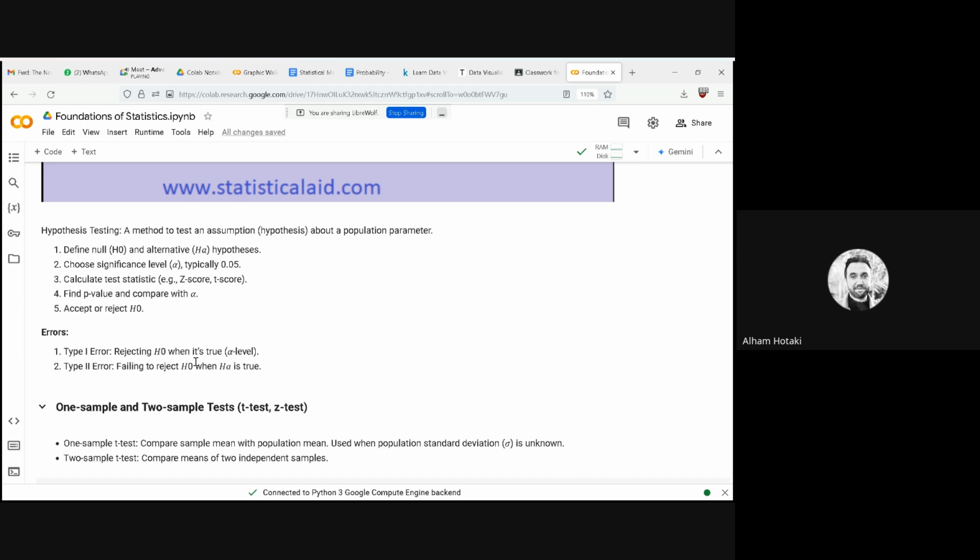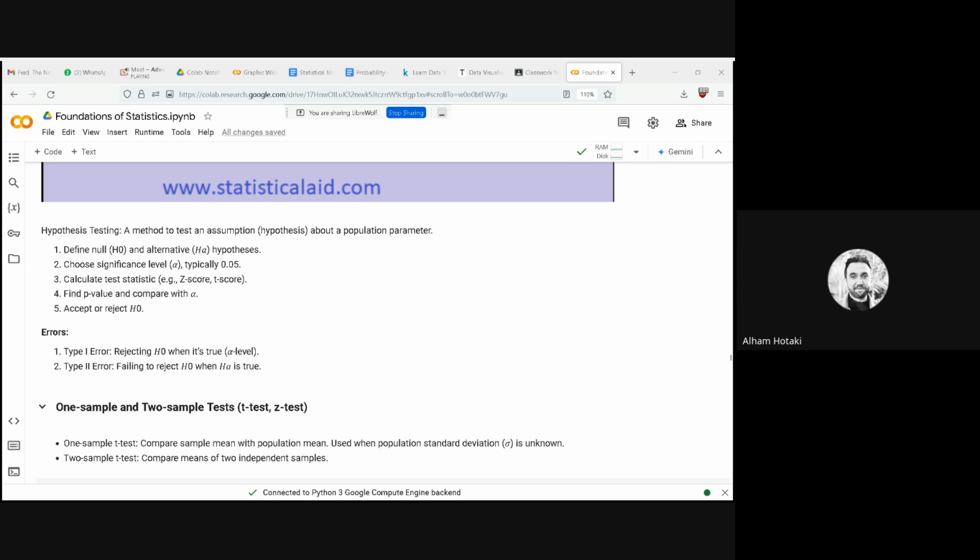One of the critical things about type 1 and type 2 errors, whenever you are dealing with hypothesis testing, is that type 2 error is much more dangerous than type 1 error. Because in type 2 error, you're accepting something which is not realistic, which is fake.